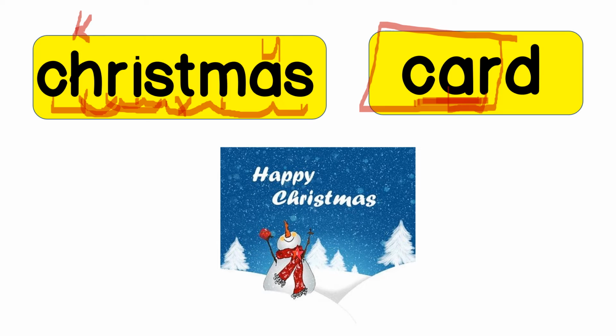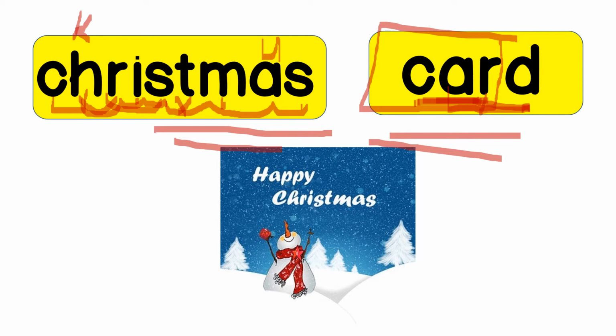Car, and let's add the D sound now. Card. Let's put it all together now. Christmas card, Christmas card. Let's hear you say it. Christmas card. All right, you're doing a great job.